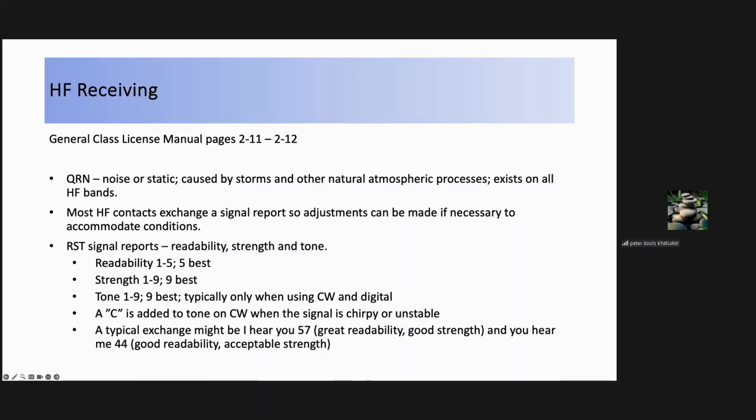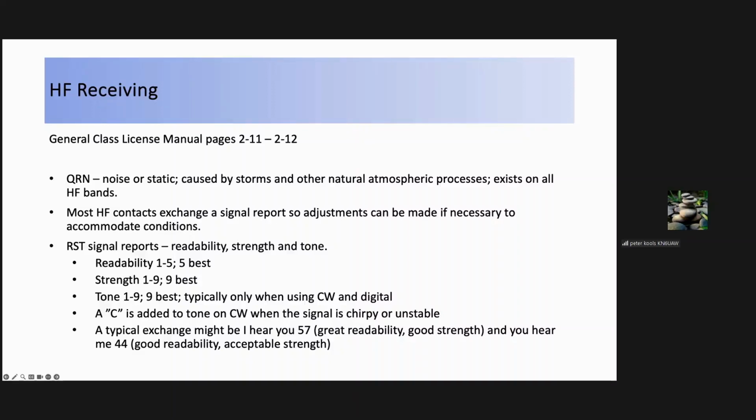So QRN, the Q signals are 3-character signals. They came out of the telegraph era and they've been carried forward into the ham era, and they're super helpful if you are using ones that you're familiar with, and it's really bad when you hear ones like, oh, I have no idea what that one means. So you pull out the chart and look it up.